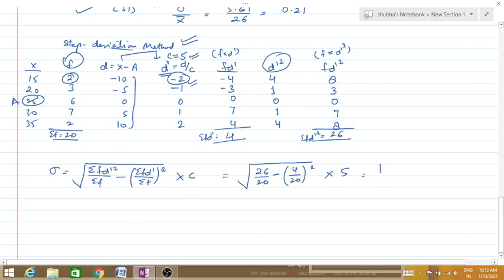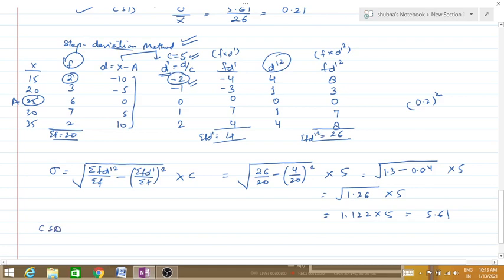By solving it we get 26 divided by 20, which is 1.3, minus 4 divided by 20 is 0.2, and 0.2 into 0.2 becomes 0.04, because the whole square of 0.2 is 0.04, multiply by 5. So here we get under root, subtracting, we get 1.26 multiply 5. The root of 1.26 is 1.122, into 5, then we get 5.61, right.